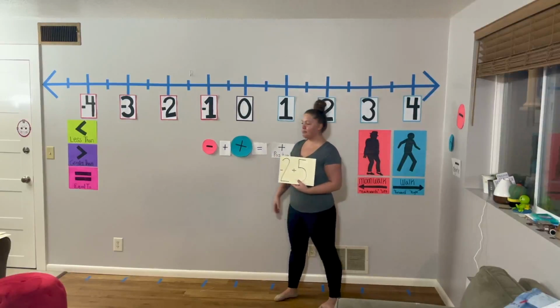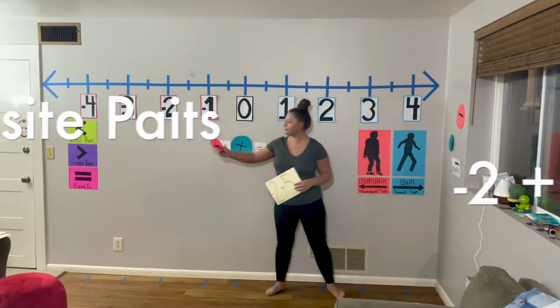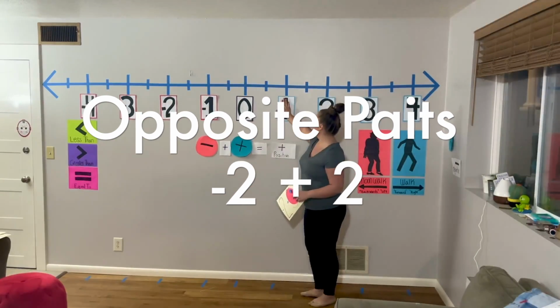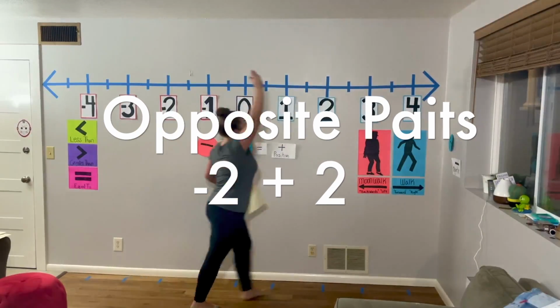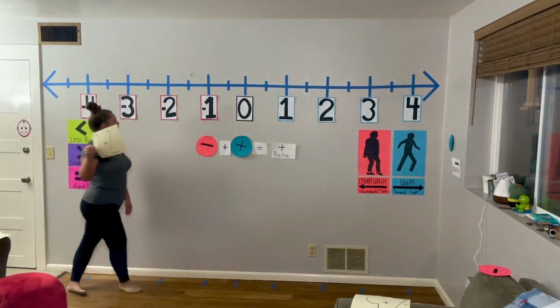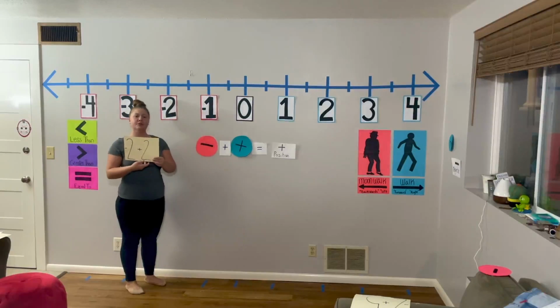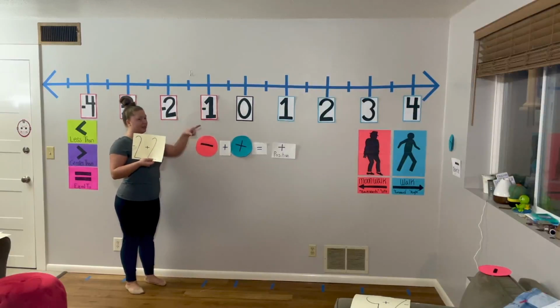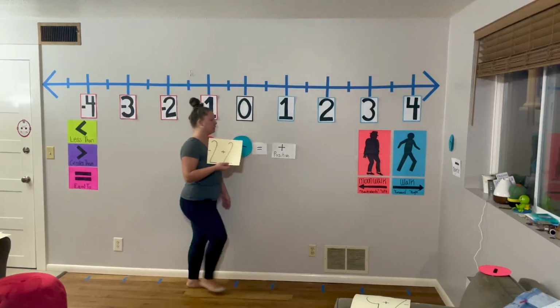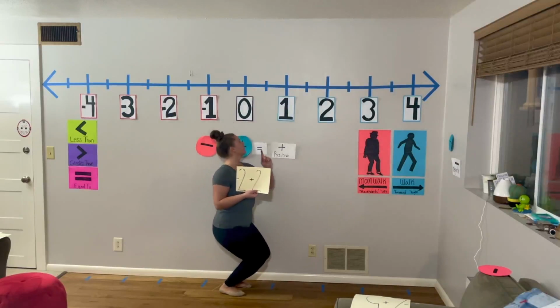But now I've got a special one I want to look at, our opposite pairs. Going along the theme of negative 2, let's start at negative 2 and we're going to add its partner 2. All right, so negative 2 plus 2, just 2 steps forwards. 1, 2. So negative 2 plus 2 equals 0.